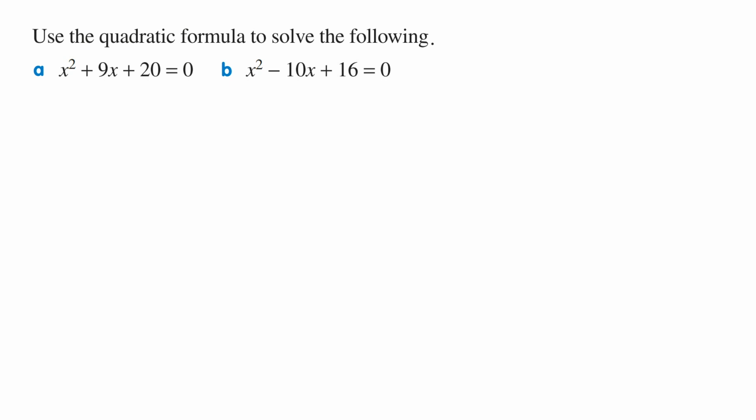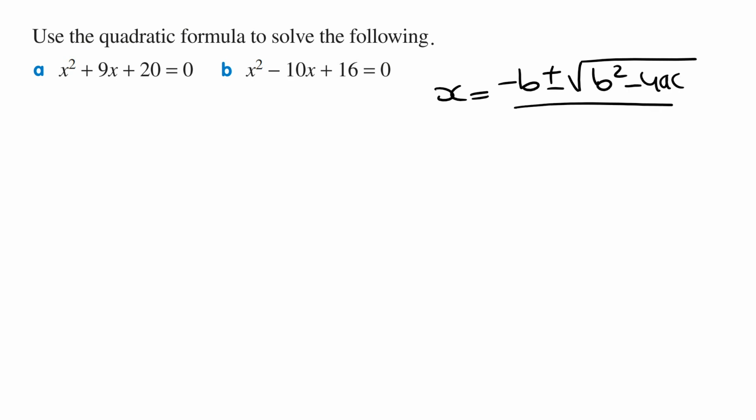write down this formula. And the formula is x is equal to minus b plus or minus the square root of b squared minus 4ac divided by 2a. The value of a in this formula is going to be the coefficient of the x squared term.